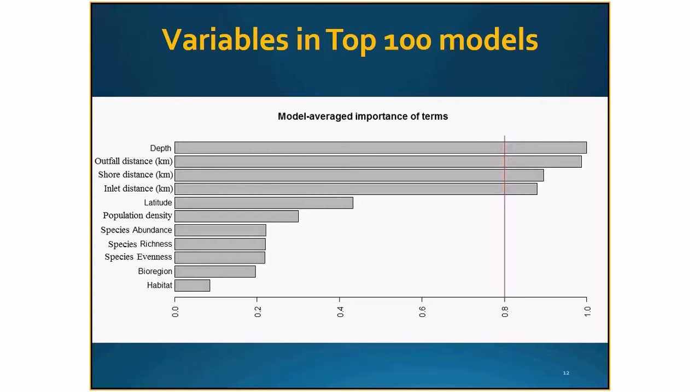And outfall distance showed up as being important in 97 of the 100 models. Of course, 80% is sort of an arbitrary cutoff, but what this suggests is that depth, outfall distance, distance to shore, and distance from an inlet are all important in the top 100 models.